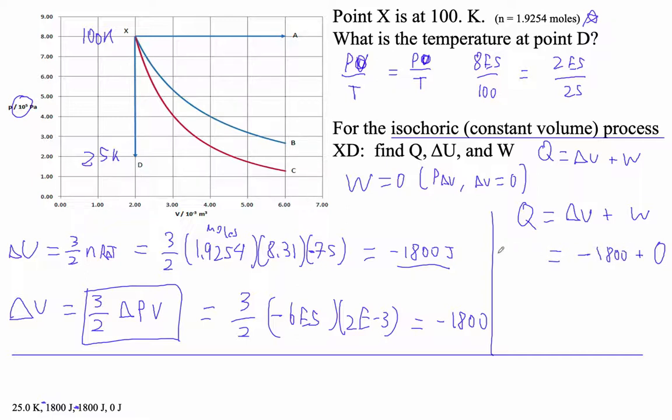So therefore, 1800 joules must have flowed out of that gas. All right, so our Q is negative 1800, right? So this is pretty basic, right? The internal energy drops by 1800 joules. It doesn't do any work, so therefore 1800 joules flowed out, yeah? Go team, okay?